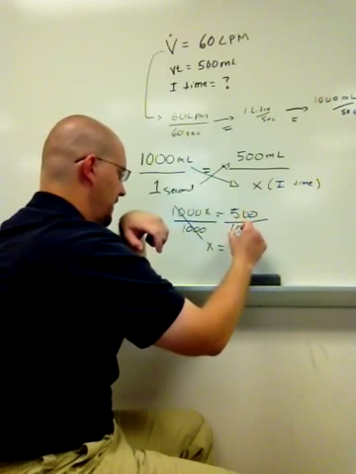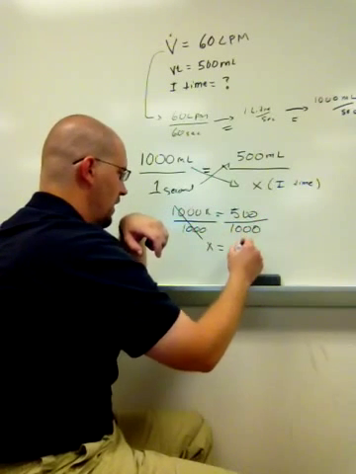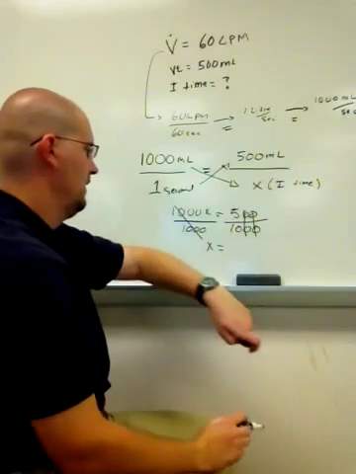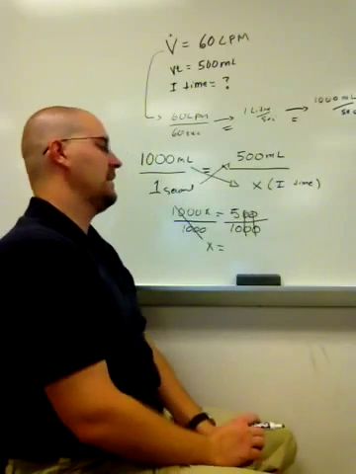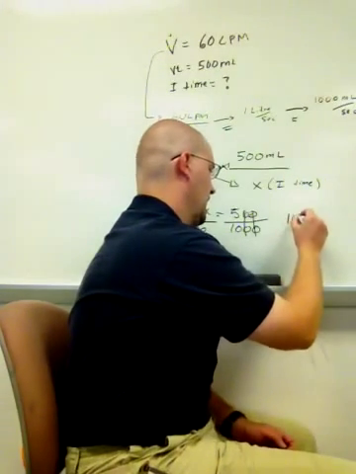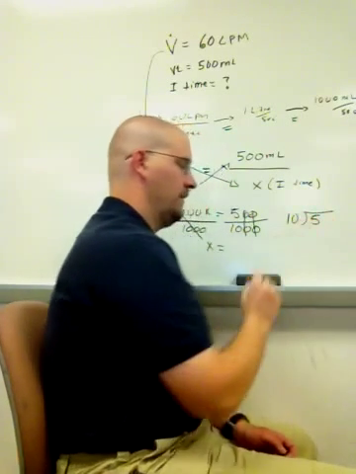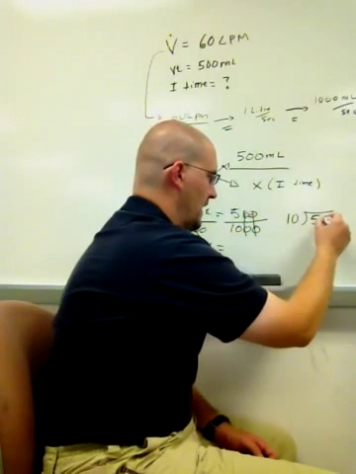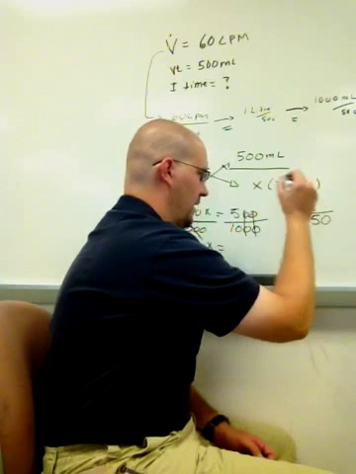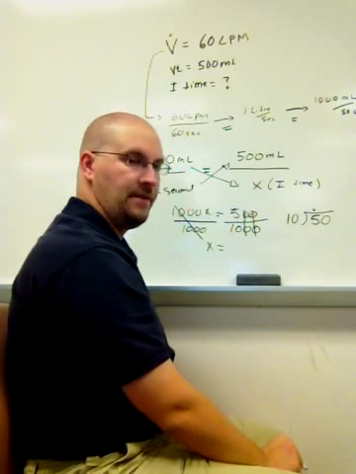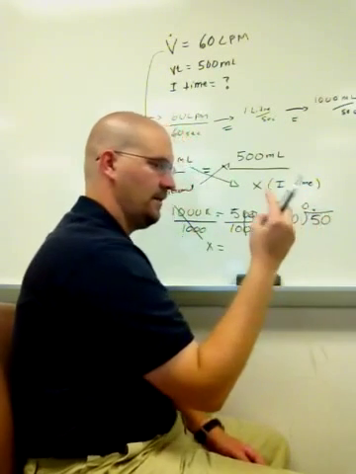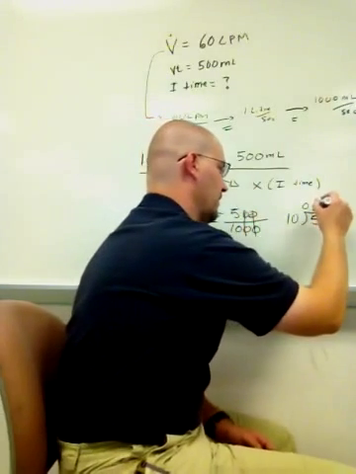Divide this side by 1,000. We know we can knock out some zeros here. 10 goes into 5 how many times? Well, I can go ahead and add a 0, but then I need to add a point up here. 10 goes into 50 how many times? 10, 20, 30, 40, 50, 5 times, 0.5.